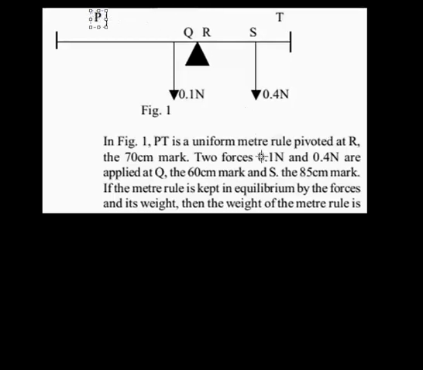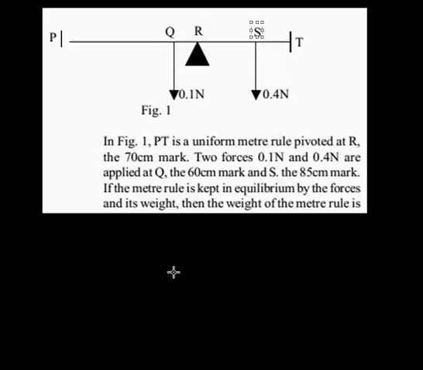So I have to make sure that this is P, from P to T. This Q is this position, and the R is the, okay. The Q is the position where this 0.1 Newton is being placed. R is the point of the pivot. Okay, then of course X is the point where 0.4 Newton is being placed.